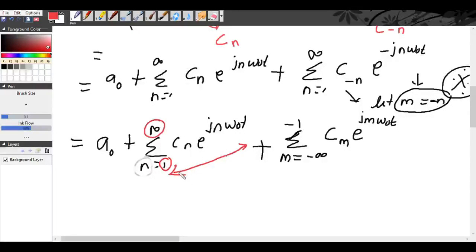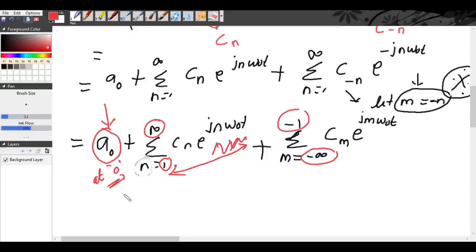This is nothing but a spectrum. e power j omega n is a complex series, so multiplying it with a coefficient gives a spectrum, whatever it is, a spectrum that is ranging from 1 to infinity, and this one is at 0, the origin. Understood? This is the origin, this is 1 to infinity, this is minus infinity to minus 1.